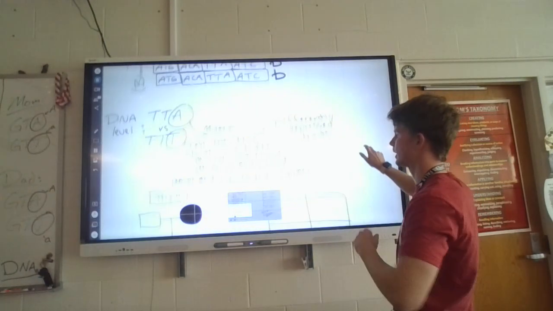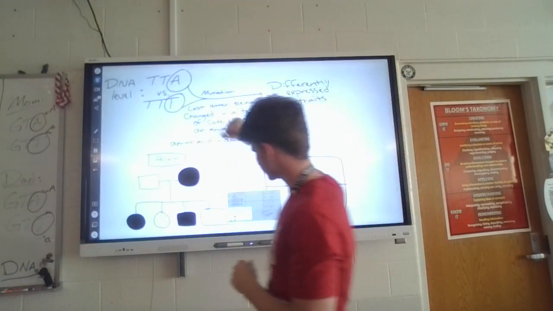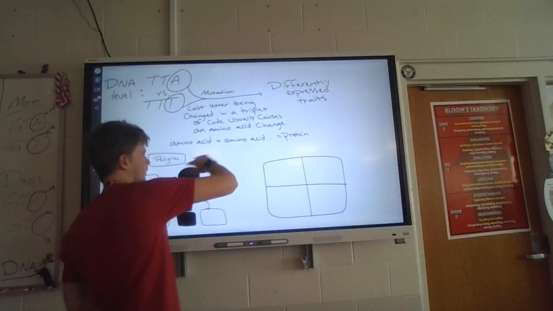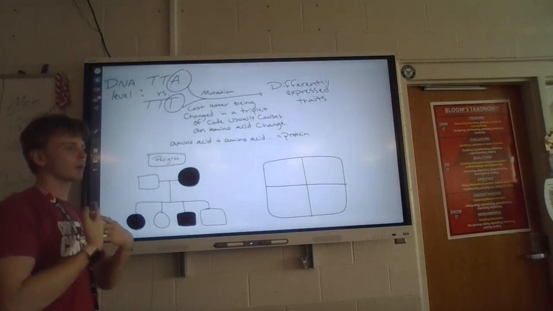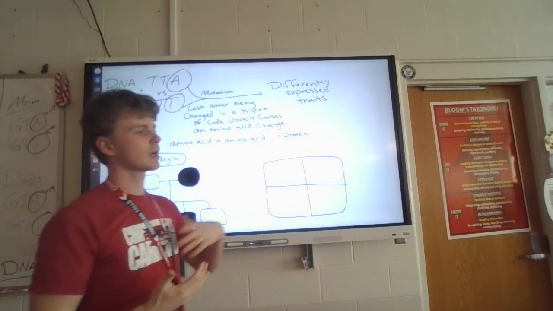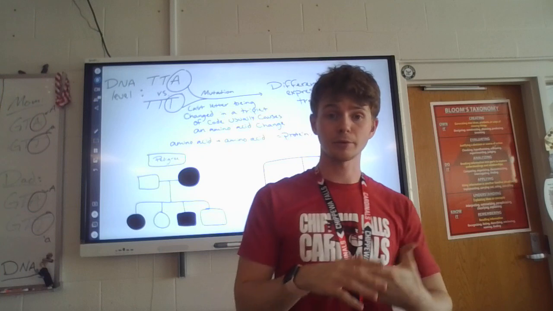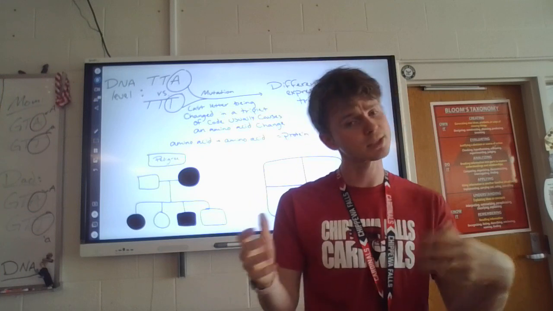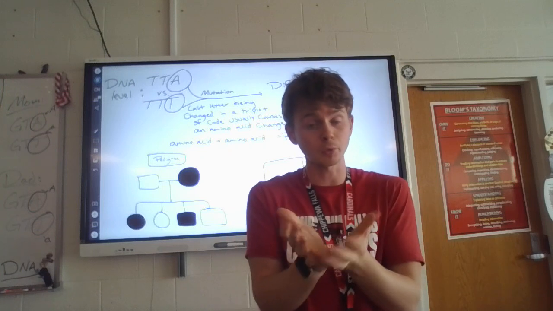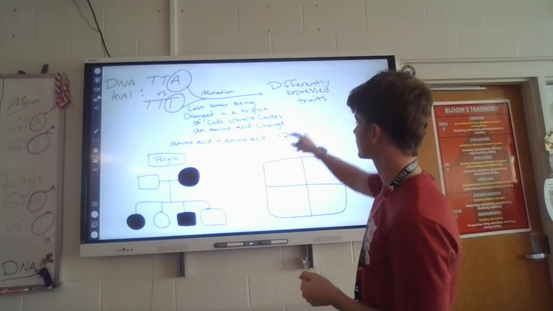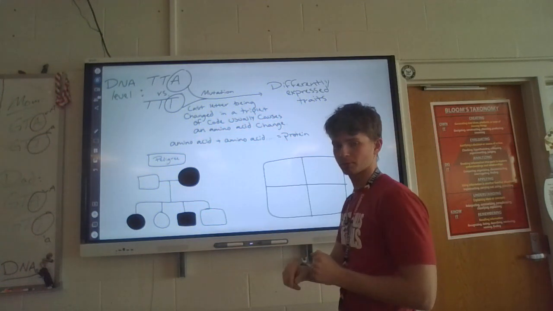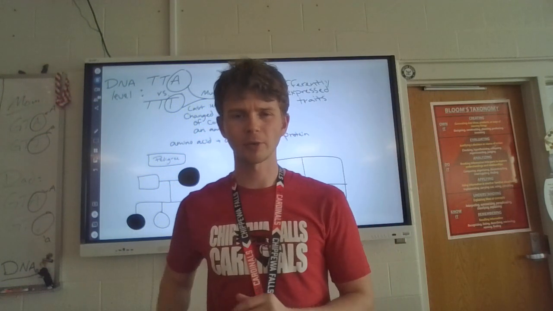Mutation, a change in the DNA. Last but not least, I want to bring up this one point here. Proteins, okay? I brought them up earlier. Proteins do many jobs, and sometimes they make things called enzymes that break down chemicals and speed up reactions and sometimes build up chemicals. These proteins are made of these things called amino acids, okay? I'll go over a little bit more about amino acids on this codon sheet.